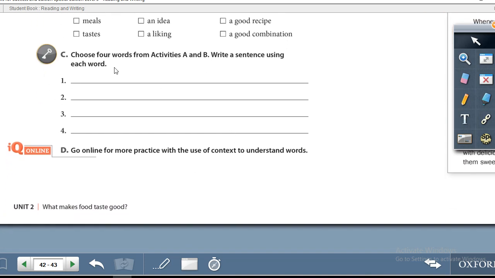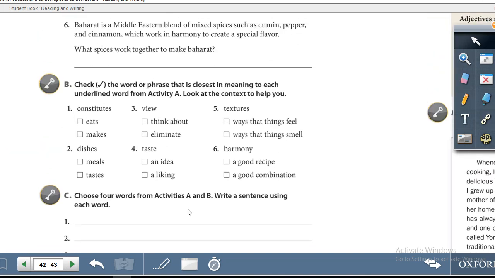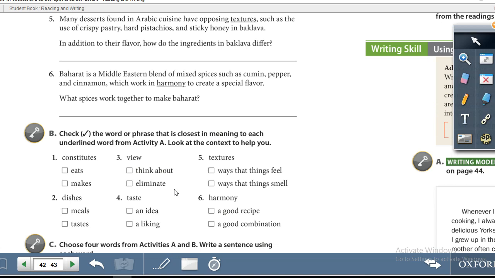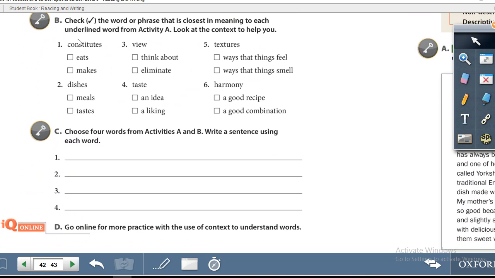Exercise C. Choose 4 words from activities A and B. Write a sentence using each word. So as you can see, the instruction tells you choose 4 words from activities A and B, right? So let's just say I choose the word constitutes or the word dishes. I will write it there and then I will try making a sentence with the word, right?